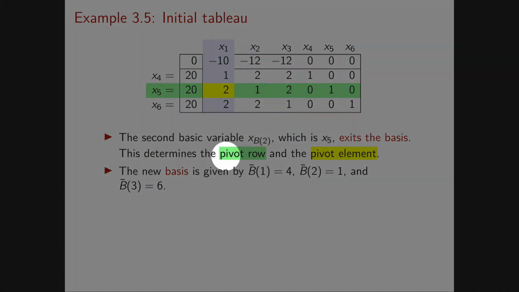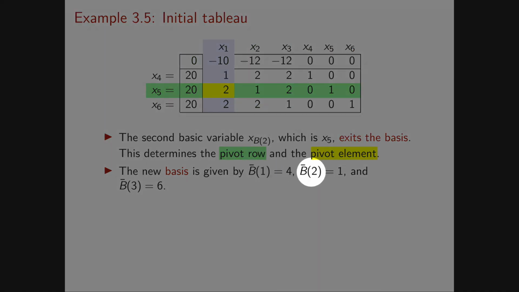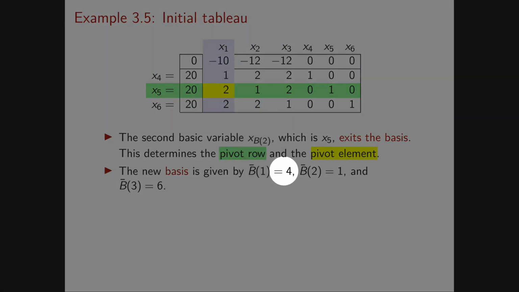This determines the pivot row in green, and accordingly the pivot element, which is at the intersection with the pivot column. Now we also know what the new basis will be. Everything we need to do is replace the second basic variable with x1, which entered the basis. So B bar 1 remains 4, B bar 2 is changed from 5 to 1, and B bar 3 remains 6.